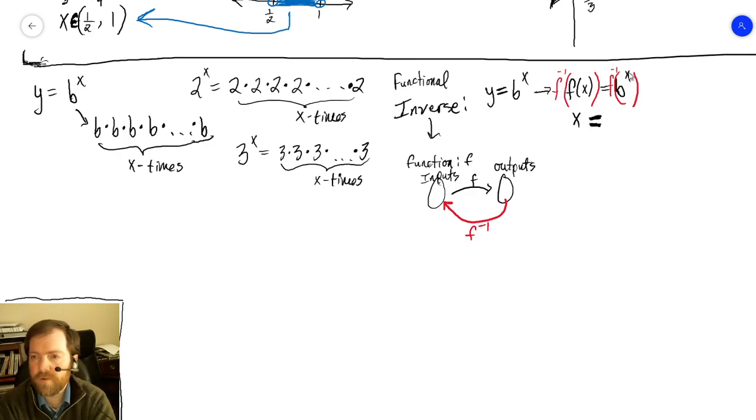And the functional inverse of an exponential has to include the base that we're talking about, because this could be on a base of 2, it could be on a base of 3, it could be on a base of 500, it could be on a base of like 0.5. So there's practically any number of things that you could do here. And then you're going to have to say, okay, this is the functional inverse with base b, because this is the function with base b. I'm just going to put that as a subscript.